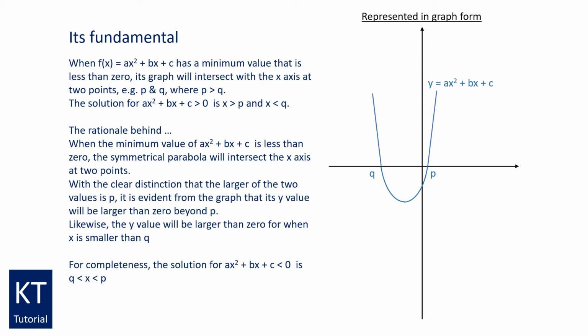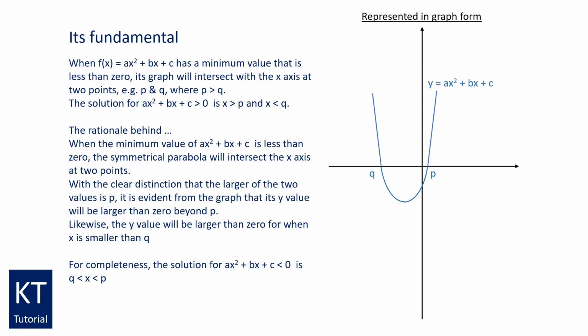The rationale, based on what we've learned in our earlier videos, is that when the minimum value of ax² + bx + c is less than 0, the symmetrical parabola will intersect the x-axis at 2 points.